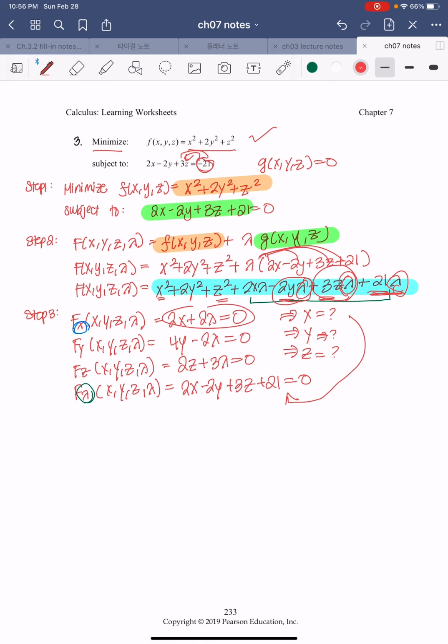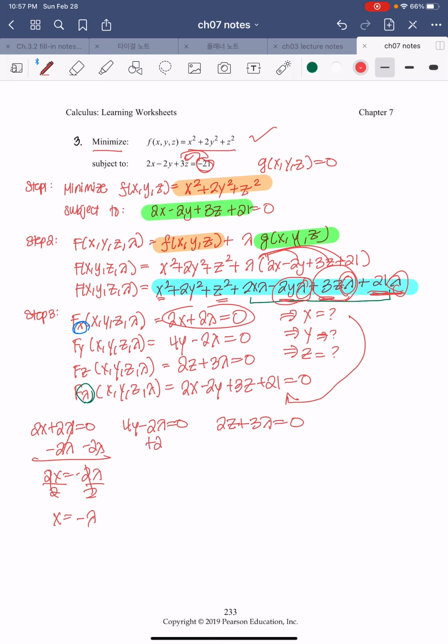From the first one, I have 2x plus 2 lambda equals 0, 4y minus 2 lambda equals 0, and then we have 2z plus 3 lambda equals 0. So subtract 2 lambda and divide by 2. Looks like x equals negative lambda.